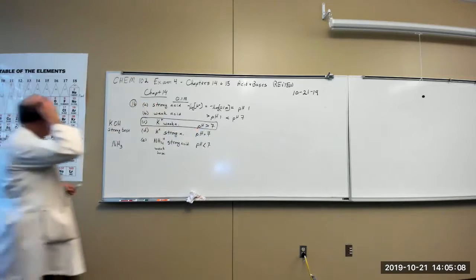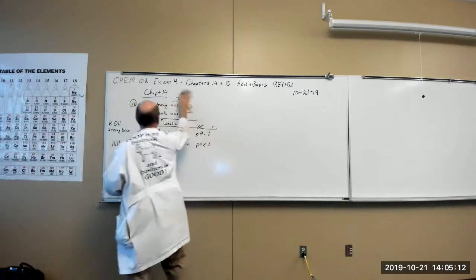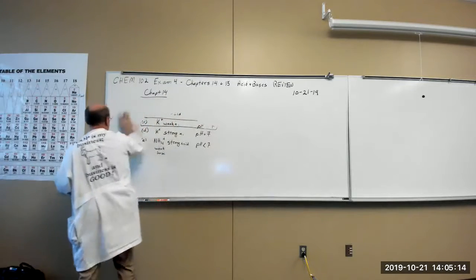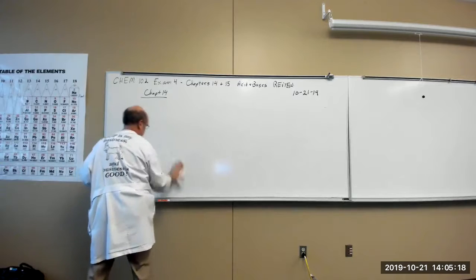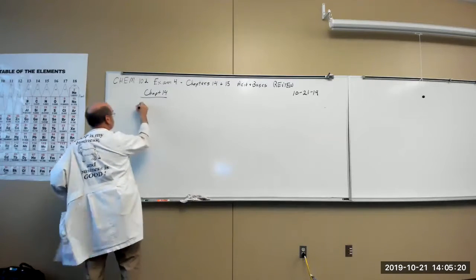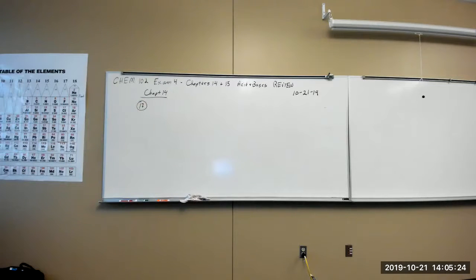Now, let's go down the line. 17 is the next one. Here we go. Select the answers that best describe an aqueous solution made from each of the following.